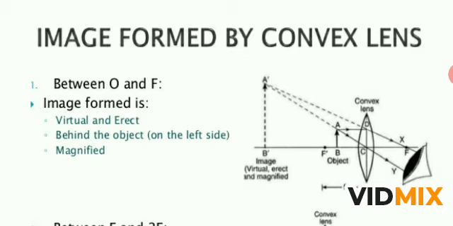If you compare the image and object with each other, you will find that the image is erect, magnified, and virtual. Virtual, why I am saying, because the light rays do not actually meet, they appear to meet. And the fourth is, it is behind the object, or we can say on the left side. So this is the property of the image when the object is between O and F.